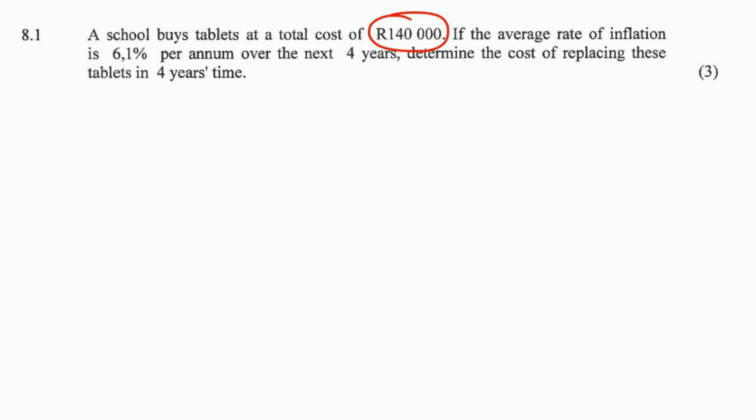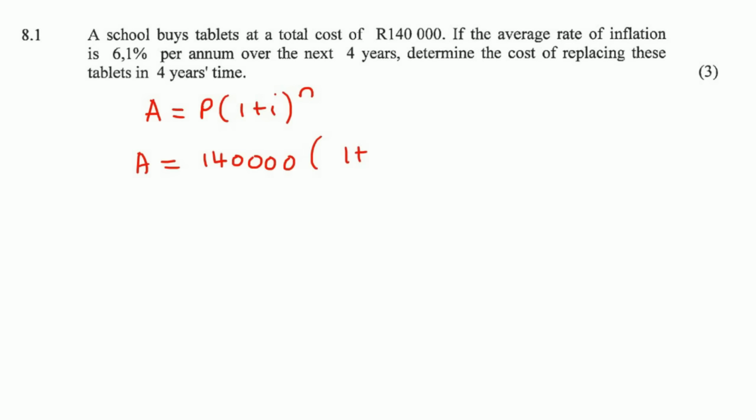All right. So we're just going to use the normal A equals P(1 plus i) to the power of n formula, where we can say A is what we're trying to find, 140,000 is what we are starting with. The inflation rate is 6.1%, so I like to say 0.061, because I just divide it by 100, and then we're going to do that for 4 years.